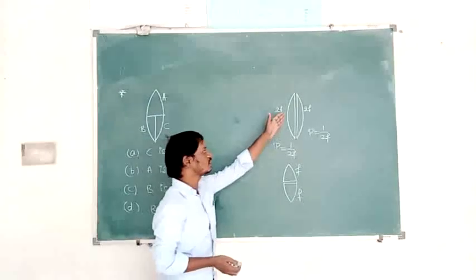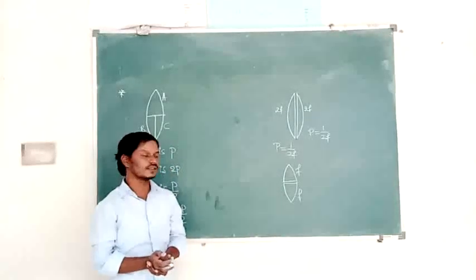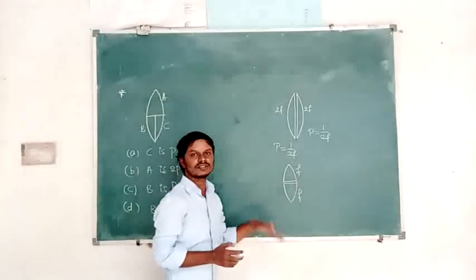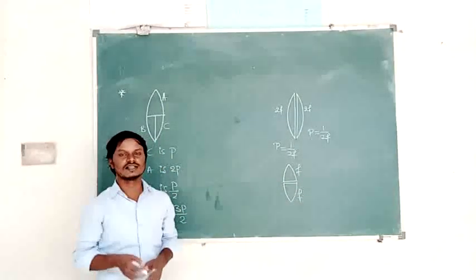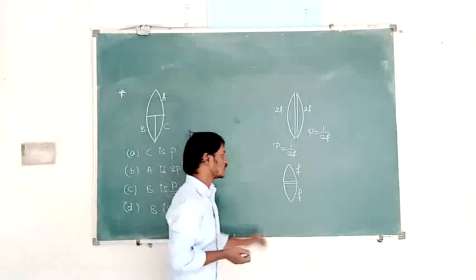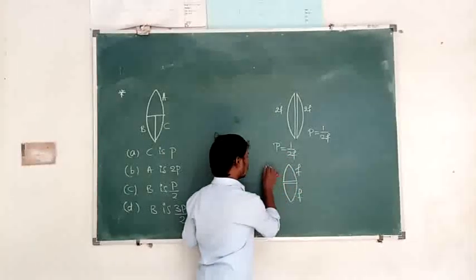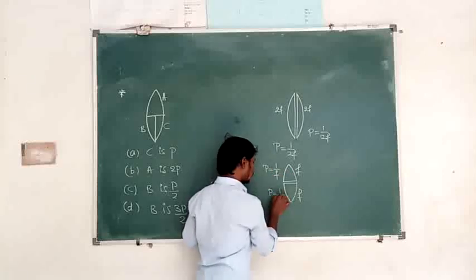Why does the intensity reduce? Because the upper part or the lower part is removed, the number of convergent rays decreases, and as the number of convergent rays decreases, intensity also decreases. Now it is f and it is f. Power of this part is 1 by f, and power of this part is also 1 by f.